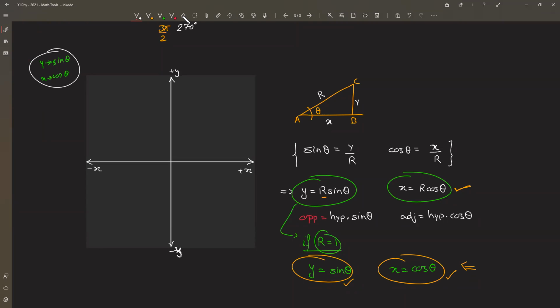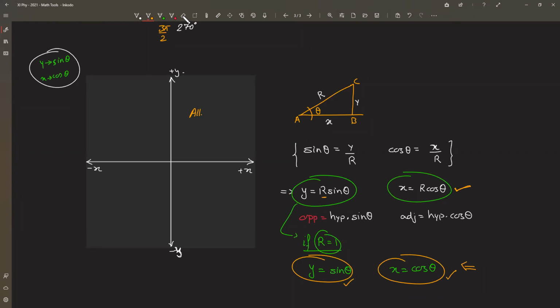The coordinates Y and X. In the first quadrant, both Y and X are positive. Y is positive means sine will be positive. X is positive means cos will be positive. And if sine and cos both are positive, tan will be positive. And if all three are positive, then even their reciprocals will be positive. So that's why all will be positive.